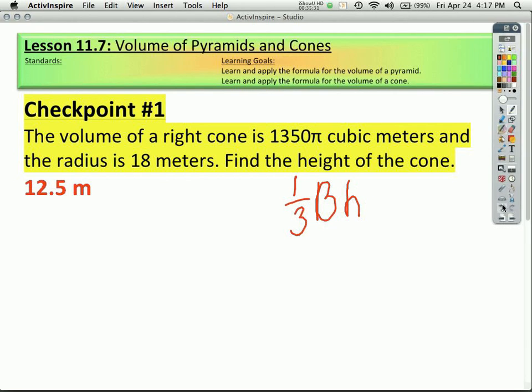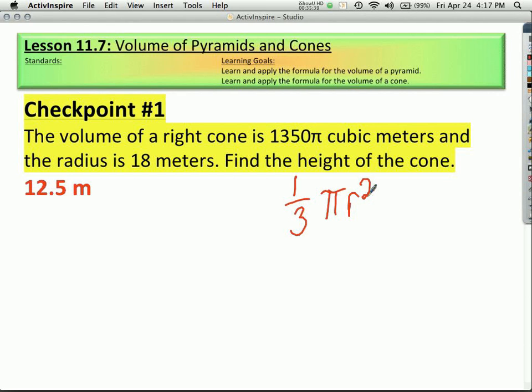But instead of doing that, I replaced big B with pi r squared, and then I put in the h. And then I set that equal to what I knew the result to be. The result is going to be 1350 pi. We're asked to find h. Solve for h.